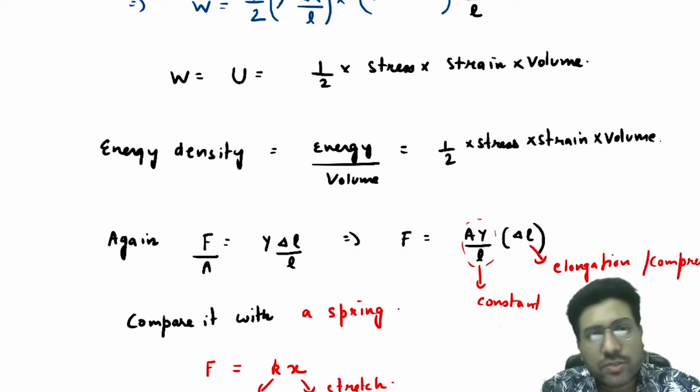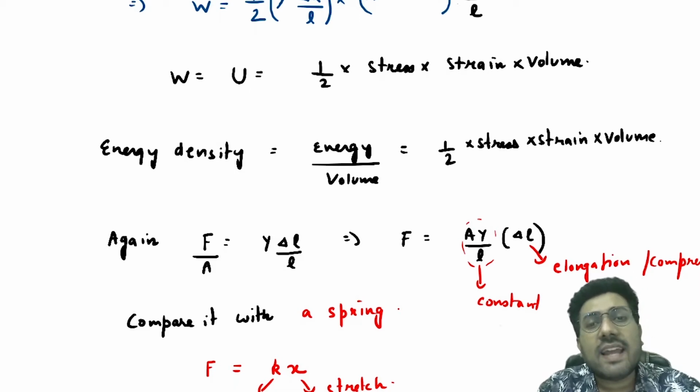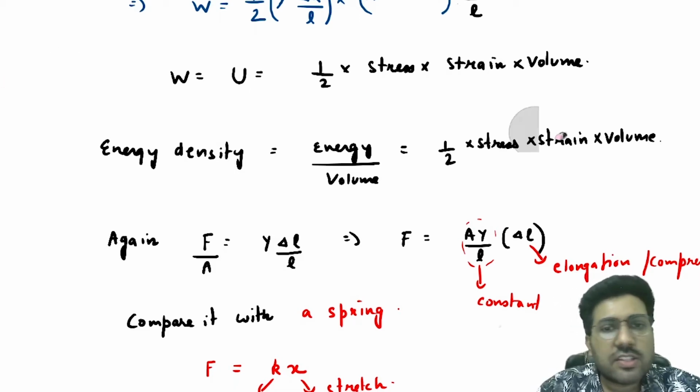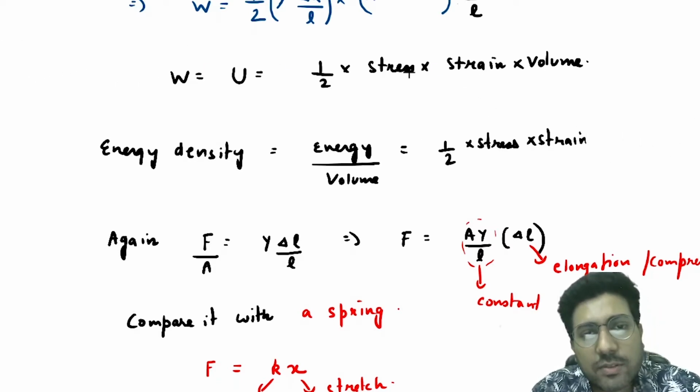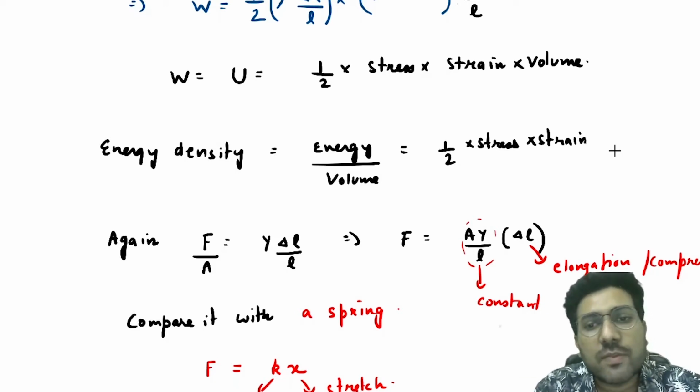Then there is a term called energy density, which is energy per unit volume. So energy per unit volume will be equal to half into stress into strain.